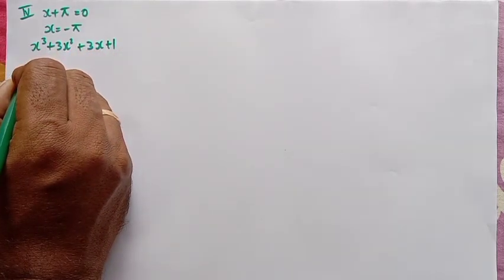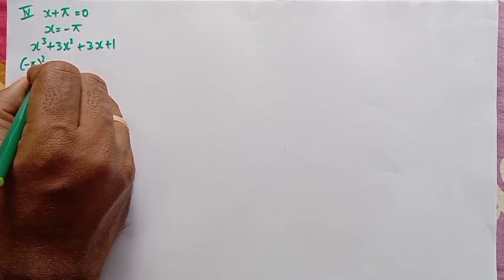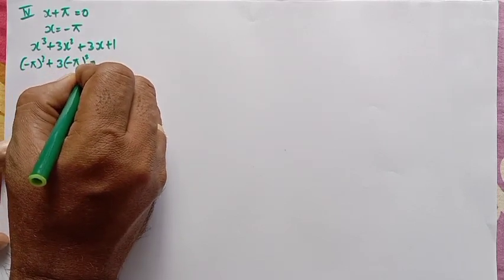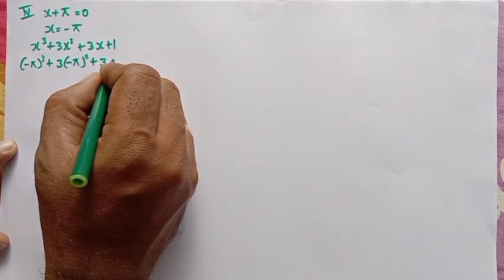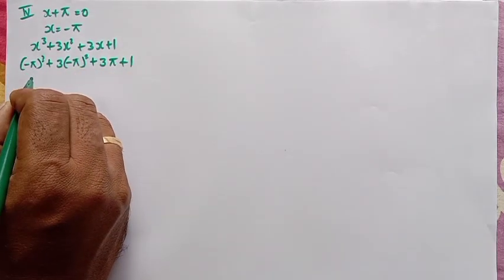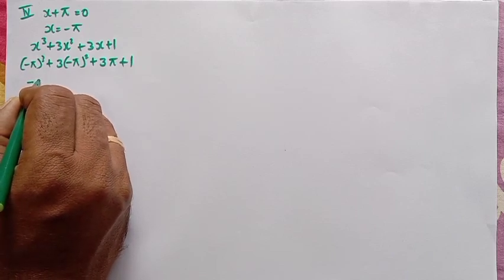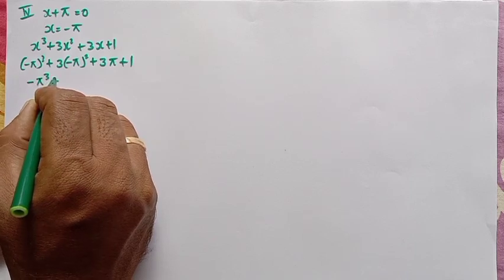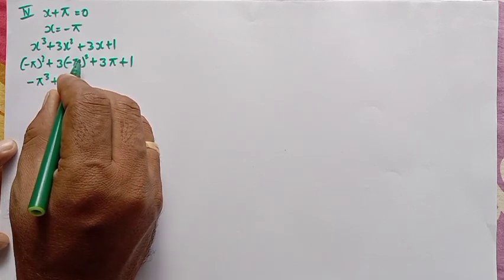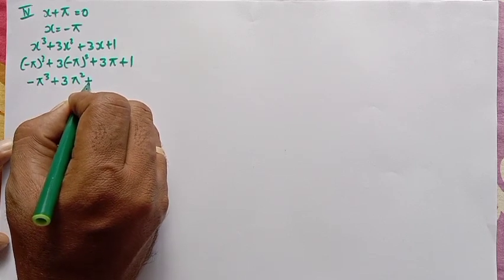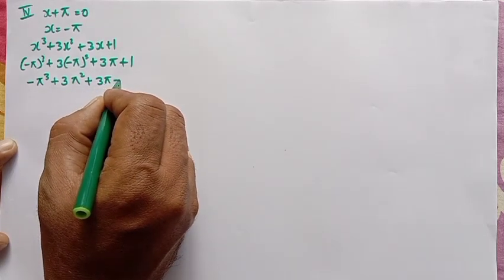So minus pi whole cube plus 3 into minus pi whole square plus 3 into pi plus 1. So minus pi whole cube is minus pi cube plus 3 into minus pi whole square is pi square plus 3 pi plus 1.